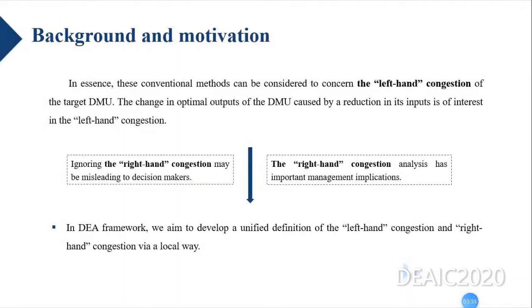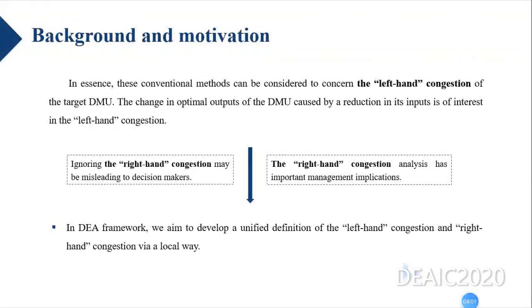However, in fact, it is necessary for decision makers to consider not only the left-hand congestion but also the right-hand congestion. That is, an increase in inputs of the target DMU leads to a reduction in its optimal outputs. It is considered as the right-hand congestion in our work. In some situations, the DMU may only have the right-hand congestion but not the left-hand congestion.